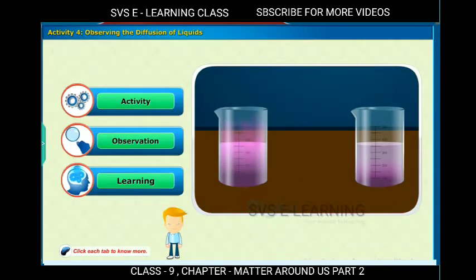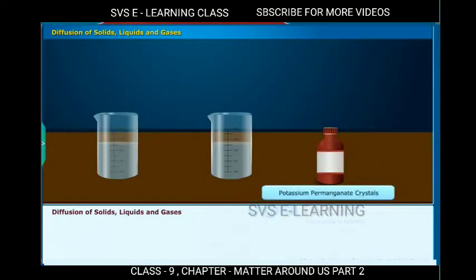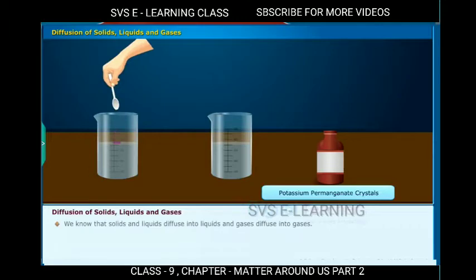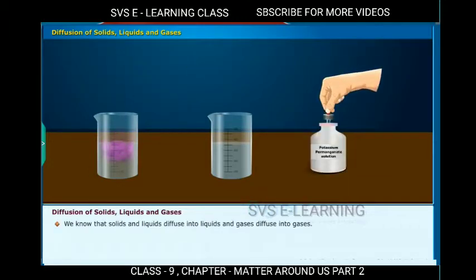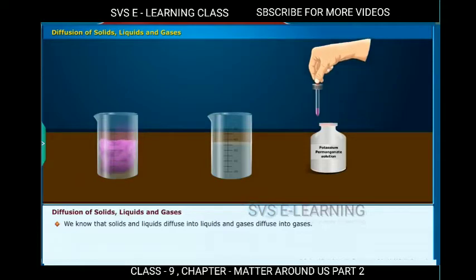Let us know about the diffusion of solids, liquids and gases. We know that solids and liquids diffuse into liquids and gases diffuse into gases.